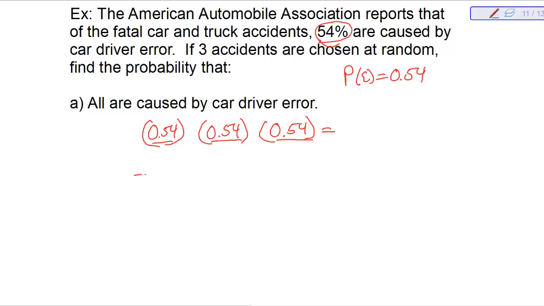And that will give me that the probability that all are car driver error is going to be 0.157.